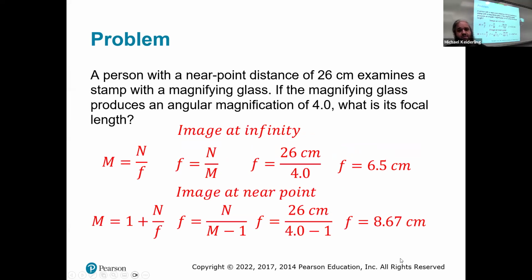If the image was at the near point, you have a focal length of 8.67 centimeters.